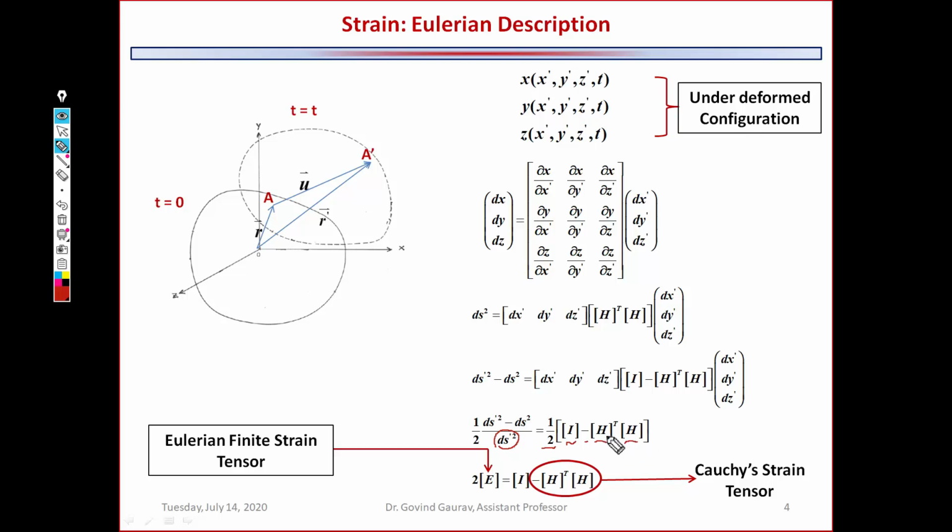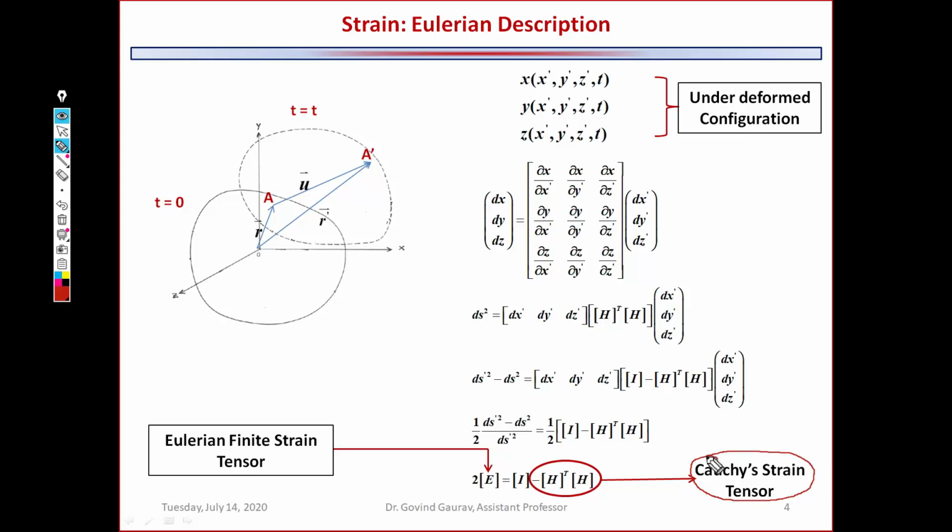This H transpose is the displacement gradient. Now this entire term is known as E, which is known as the Eulerian finite strain tensor, which is again equal to I minus H transpose H. Now we define this term H transpose H as the Cauchy strain tensor.